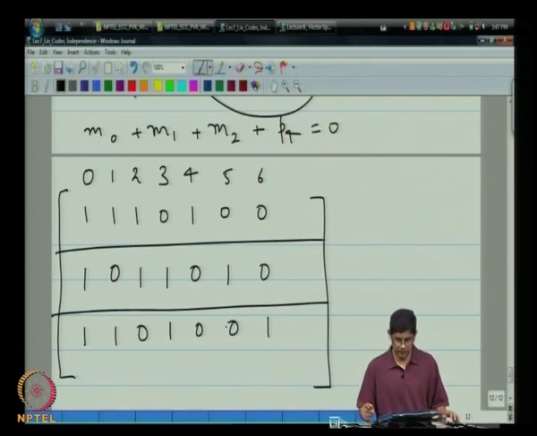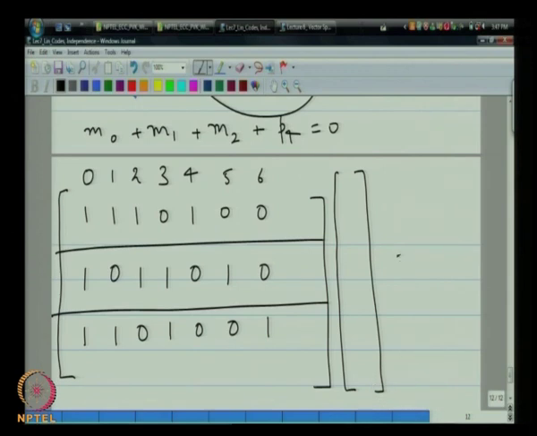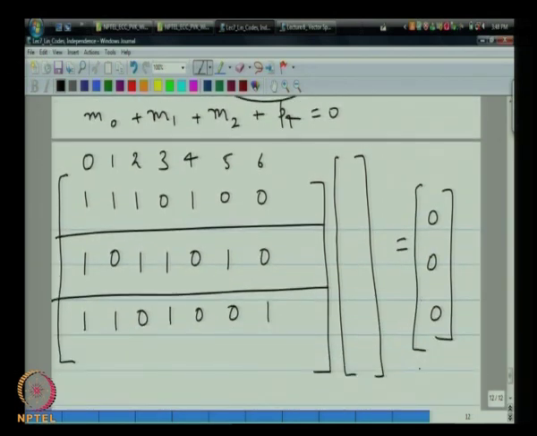Okay, so, these in a sense represent the parity checks, and now if I just add a column vector and set this equal to 0, 0, 0, then it will be clear that there is an equivalence between the circle diagram and this matrix equation.